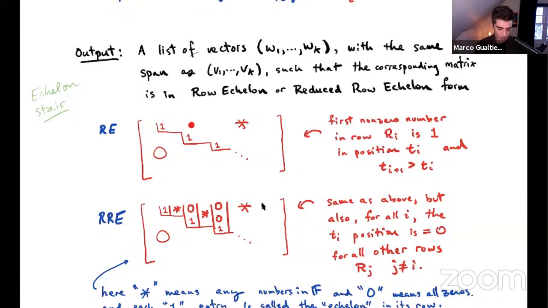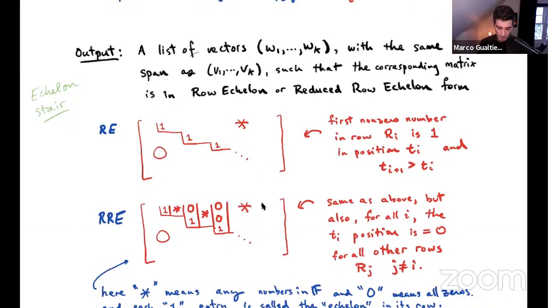This is called row echelon form. The first non-zero number in the row is 1, in position ti, and ti plus 1 is greater than ti. That means the 1 in the next row has to be more to the right of the previous row. So it really has to be a stair going down, with a stair at each row.